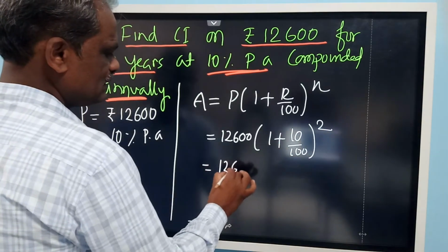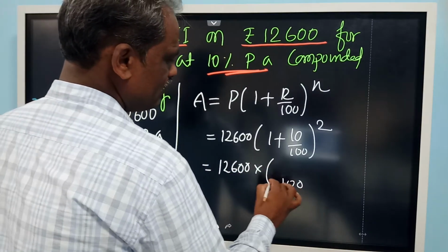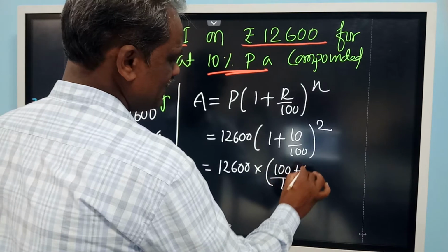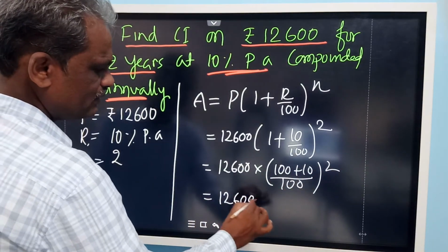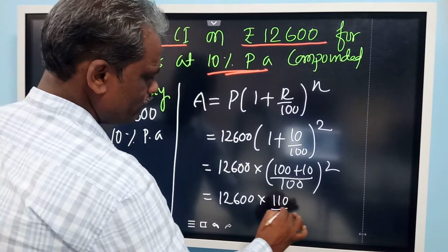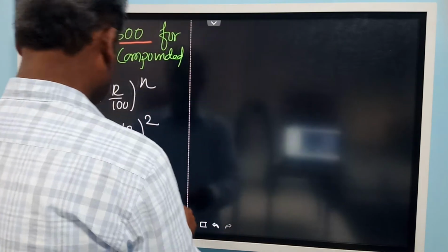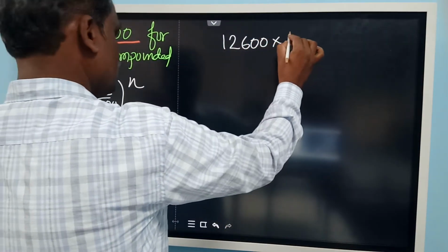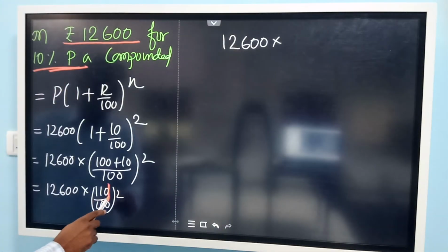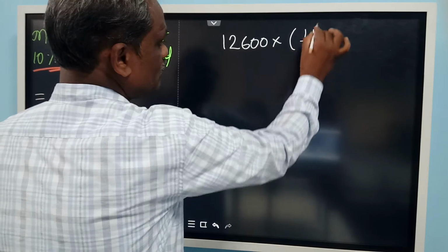So 12,600 into, taking LCM 100, (100 plus 10) over 100, to the power 2. That is 12,600 into (110 by 100) to the power 2. If you simplify this, you can cancel the 0 and 0, so it is 11 by 10 whole square.